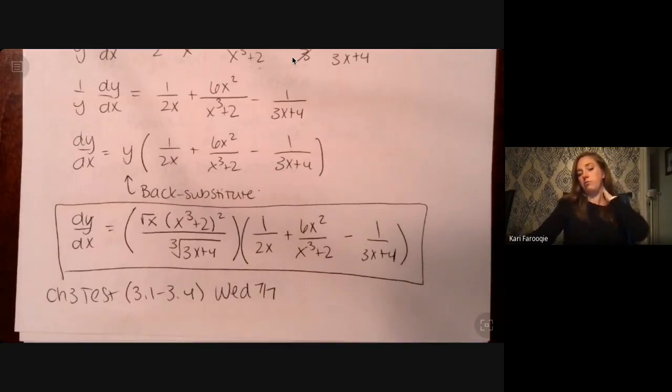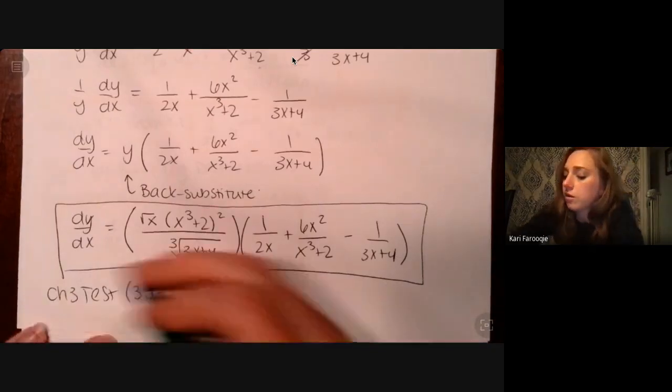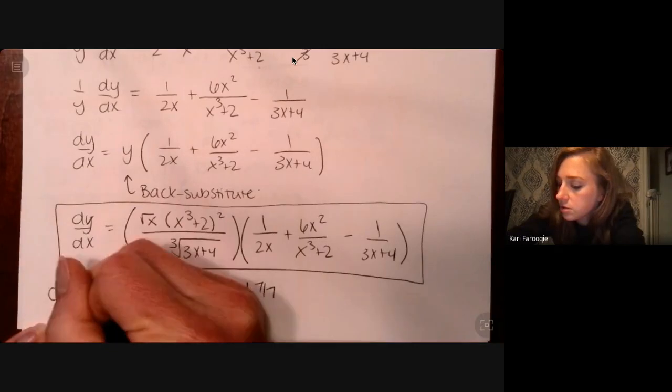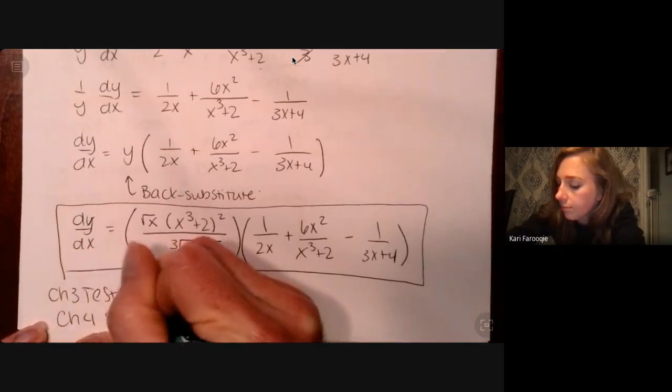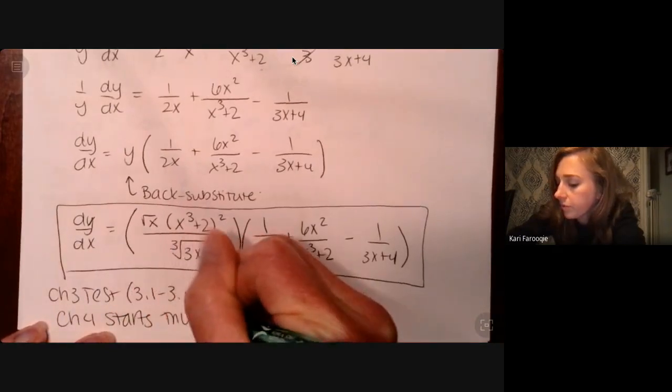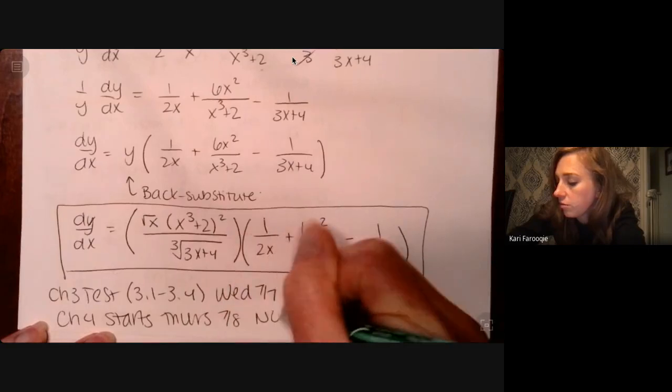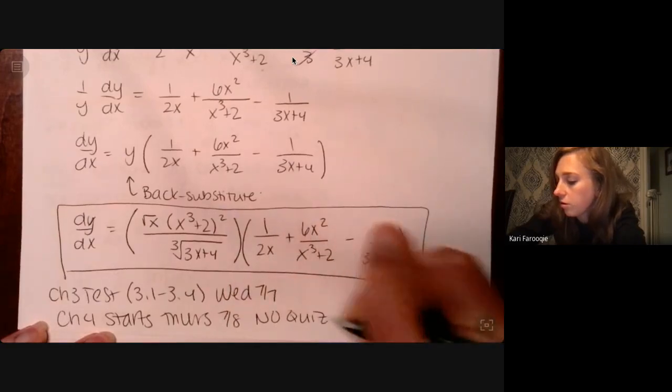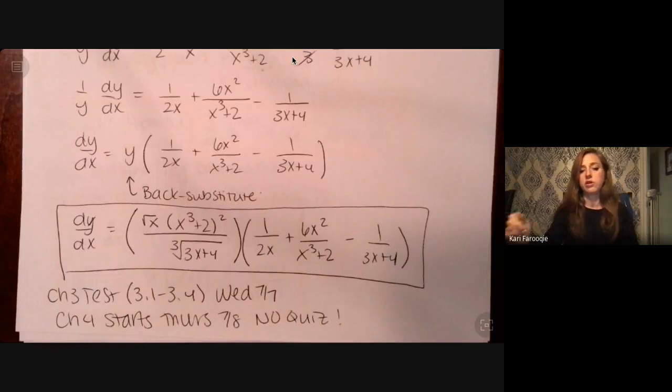And then you have no quiz on Thursday, 7/8, because we'd have nothing to quiz over, but we're going to start chapter 4 on Thursday, 7/8. No quiz, but we will have a quiz on that following Monday, the 12th.